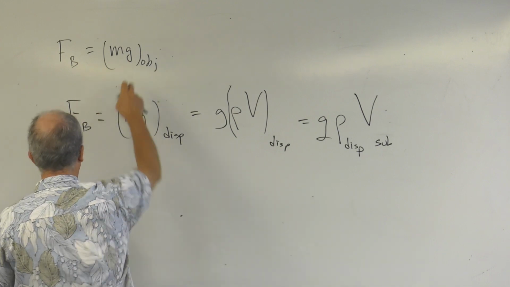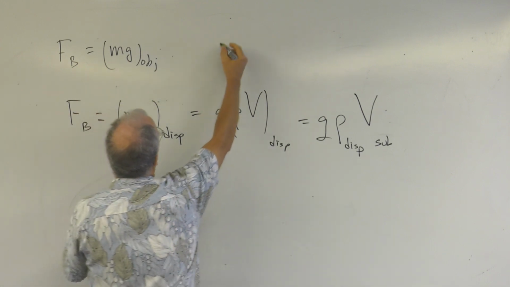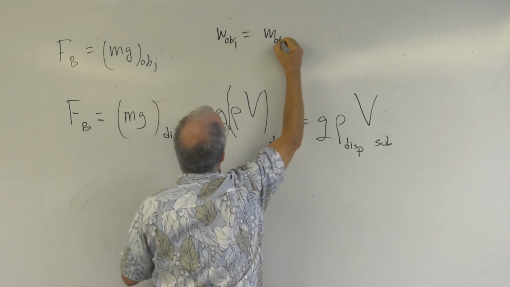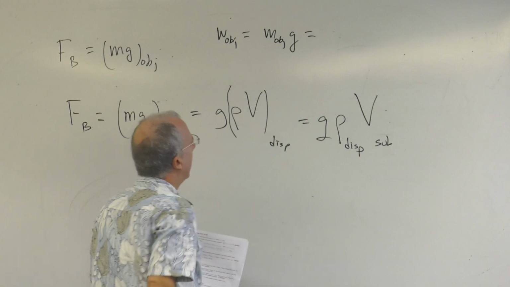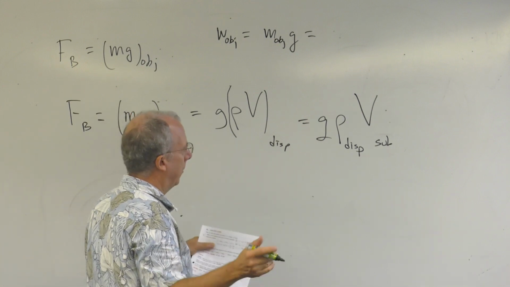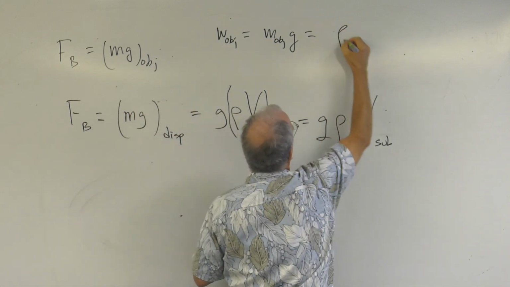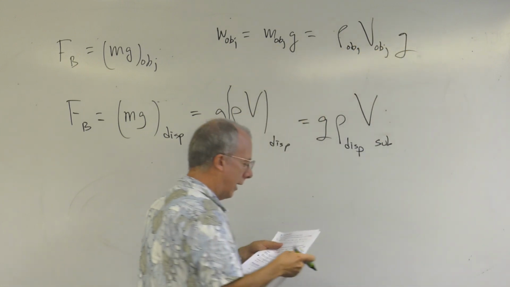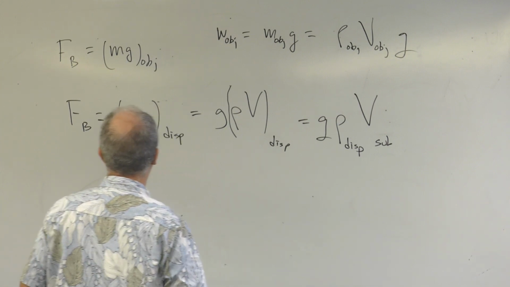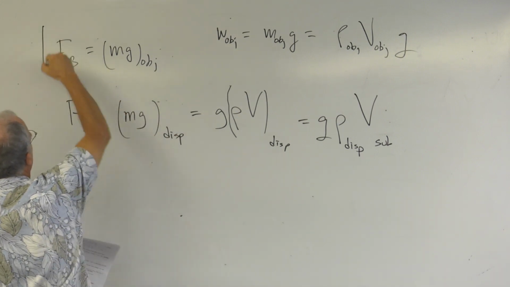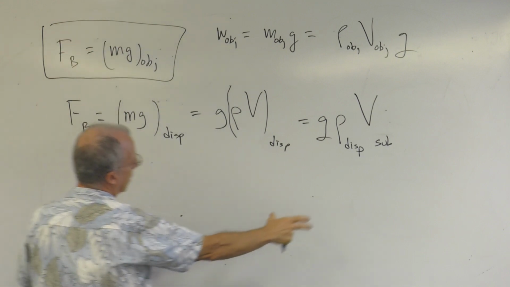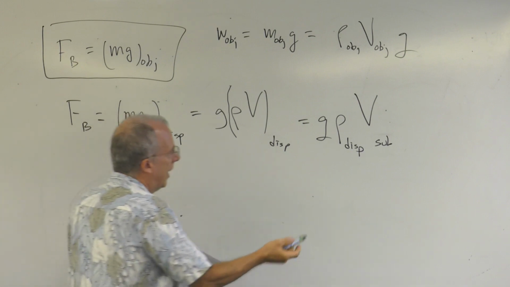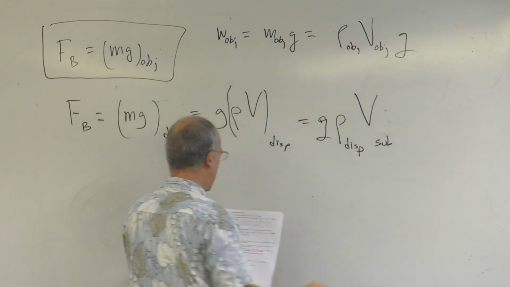Now let's work on the weight of the object. The weight of the object is m object g. What's the mass of the object? It's the density of the object times the volume of the object, so times g. Now let's use our results and put this equal to that. We can cancel out the g's.